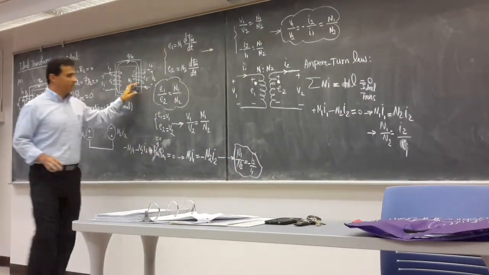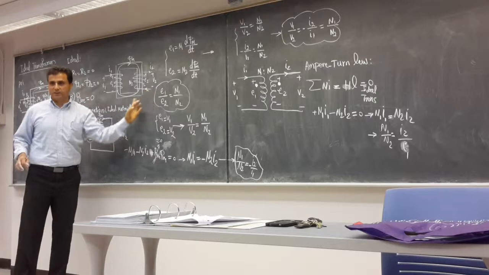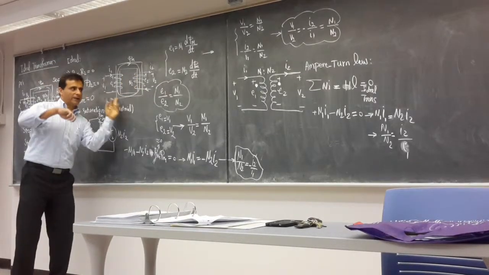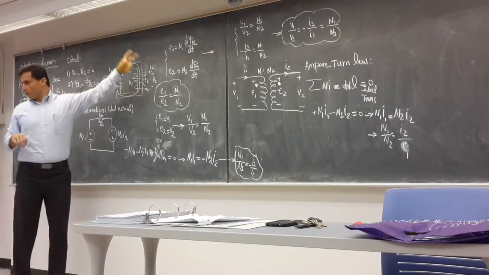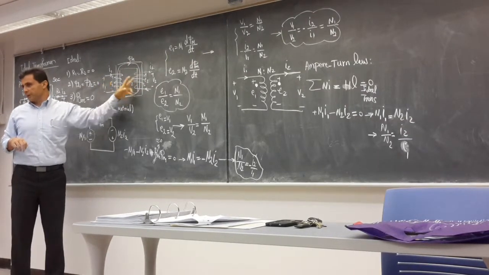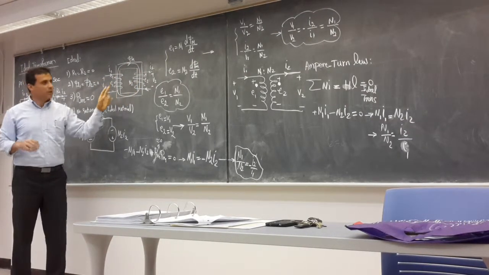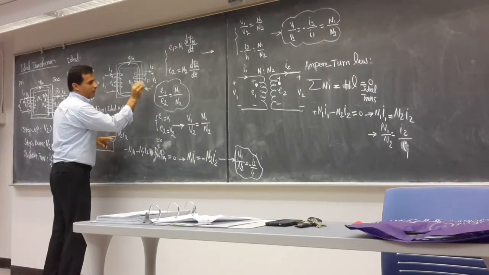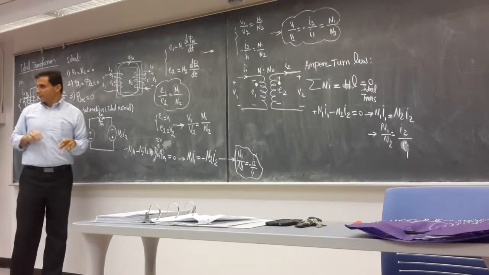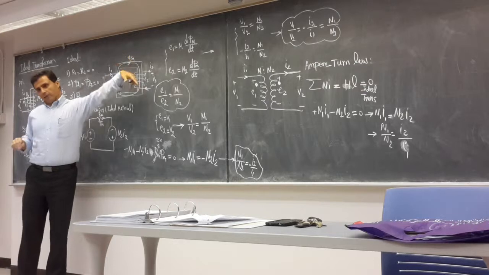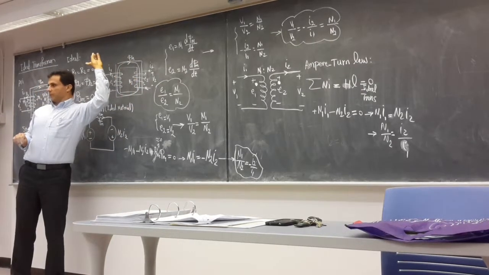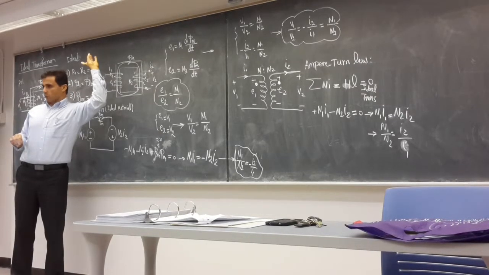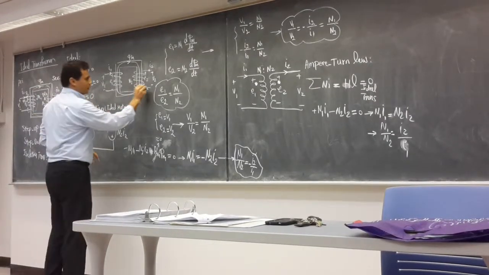Here, if you have only this winding, the flux is going to go like this, right? How about this one? The flux is going to go like this, right? Both of them are generating flux in the same direction. But if I change this current this way, this one is going to generate flux this way, this one is going to generate flux this way, right? They're going to be opposing each other. It's going to be N1 I1 minus N2 I2. Let's put this one back the way it was.